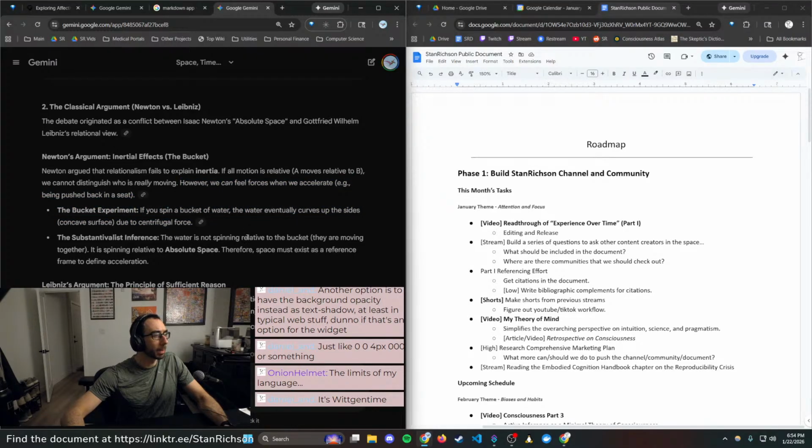If you spin a bucket of water, the bucket eventually curves up the sides due to centrifugal force. The water is not spinning relative to the bucket. It is spinning relative to absolute space. Therefore, space must exist as a reference.